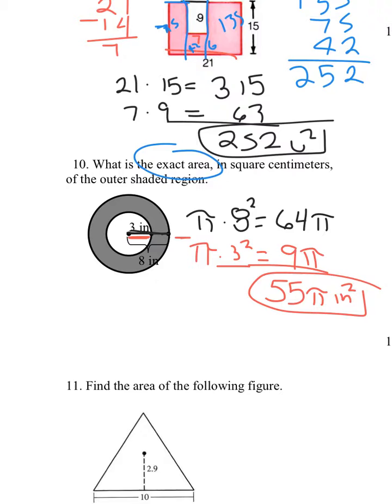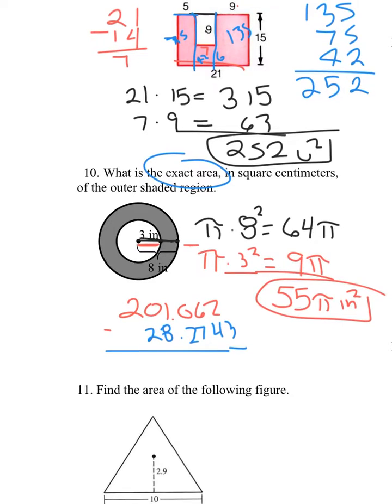So pi times 8 squared, 64 pi becomes 201.062, minus pi times 3 squared, which becomes 28.2743. You subtract those, and you get 172.